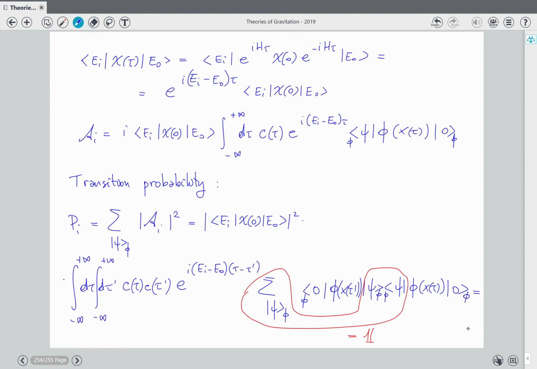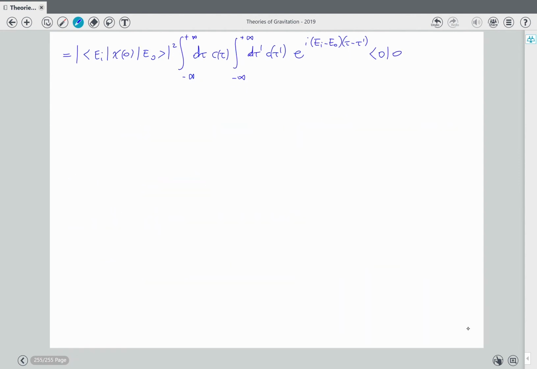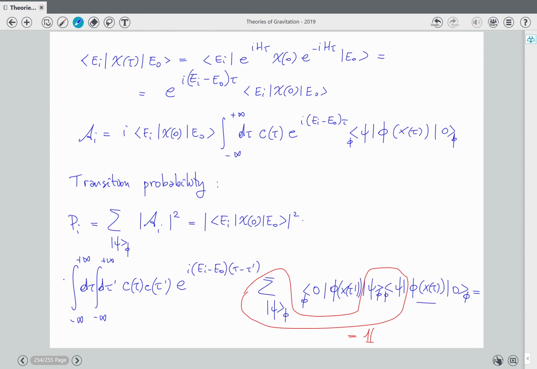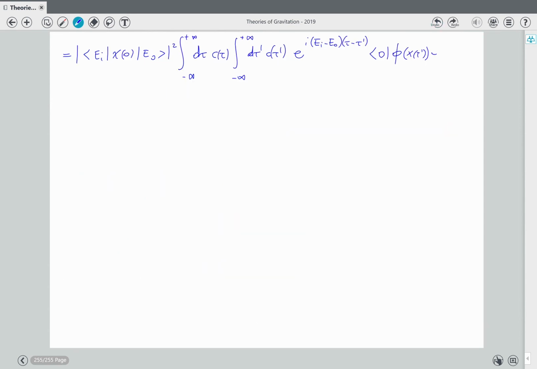Then you have phi in x of tau prime. Then you have phi in x of tau. And then you have 0. And that is something we can write because this is the two-point function of a scalar field which we can assume to be free. That is the propagator.